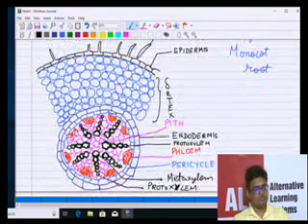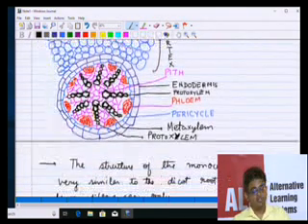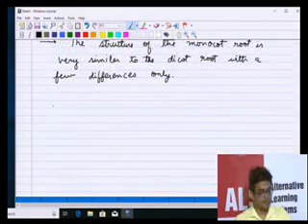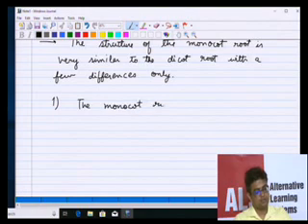The dicot root is tetrarch while the monocot root is polyarch. So, we can write here: the monocot root is having polyarch condition.